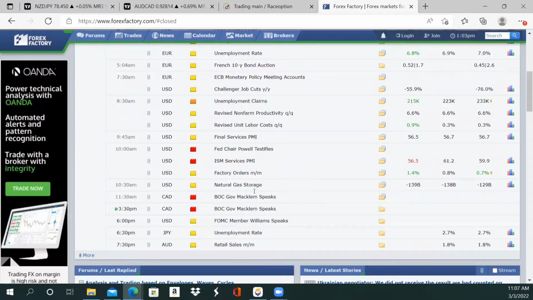What I like to do is let the red folders pass the time that they're supposed to come out and see what kind of impact it has. Usually with red folders, you'll see major moves down, major moves up.